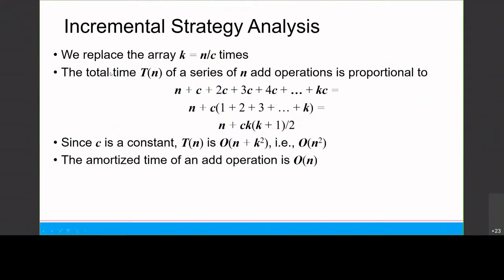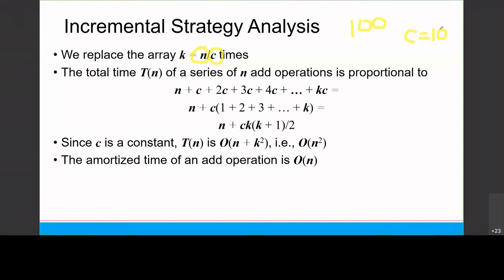So, for example, let's replace k with n divided by c. This c is a constant. n is the number that you want to add in the array. Let's suppose I want to add 100 more data, and let's increase the array size with a constant 10.